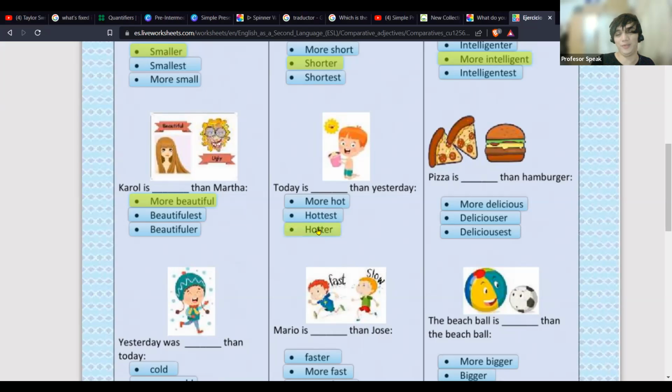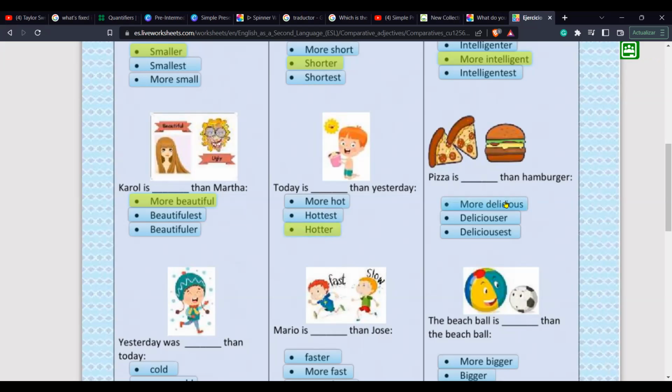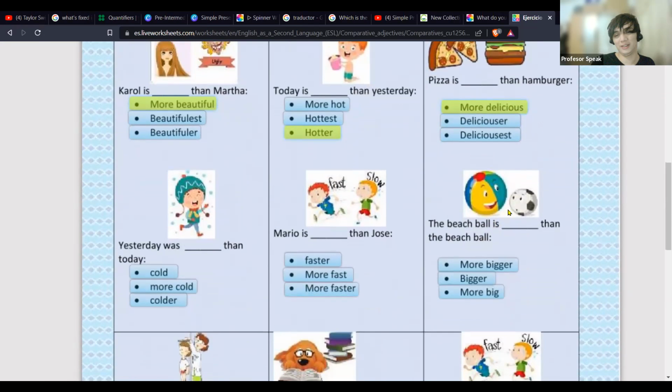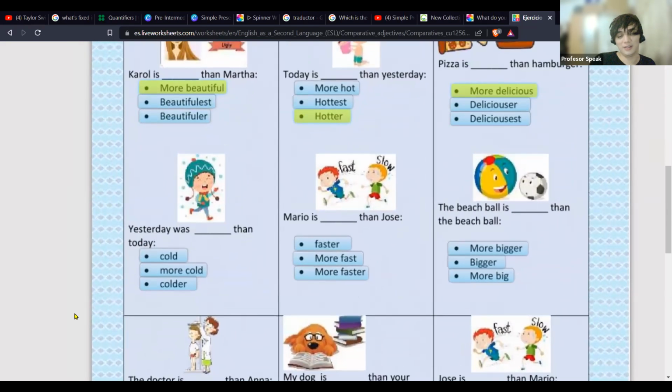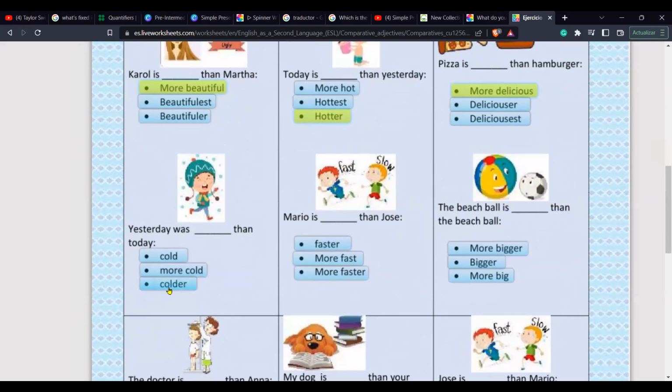Hotter. Very good. Continue, please, Madai. Pizza is more delicious than hamburger. Perfect. Alexis. Yesterday was colder than today. Excellent.